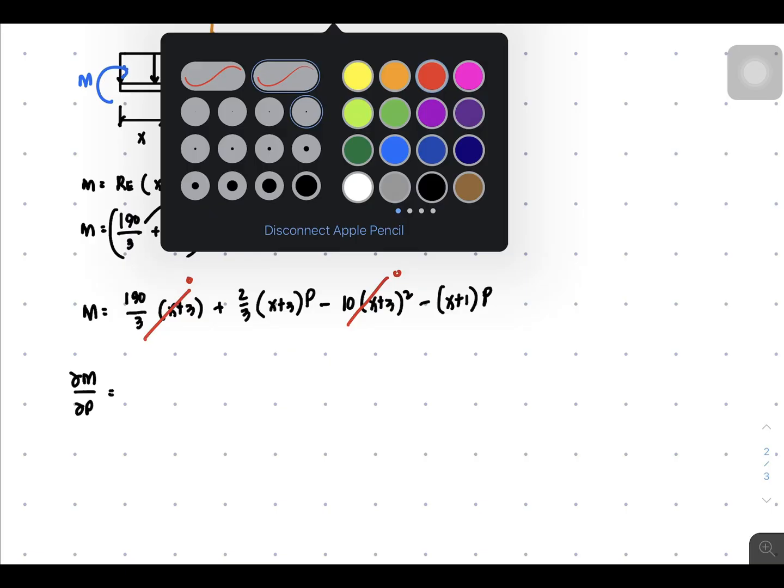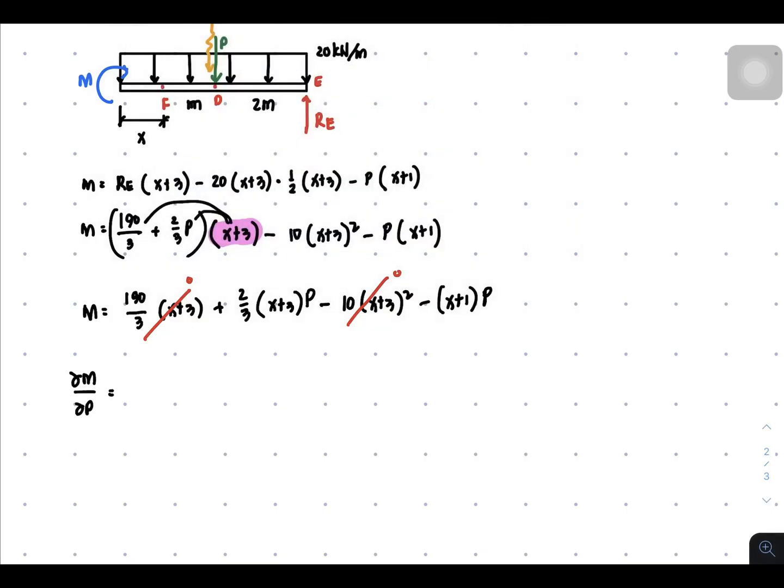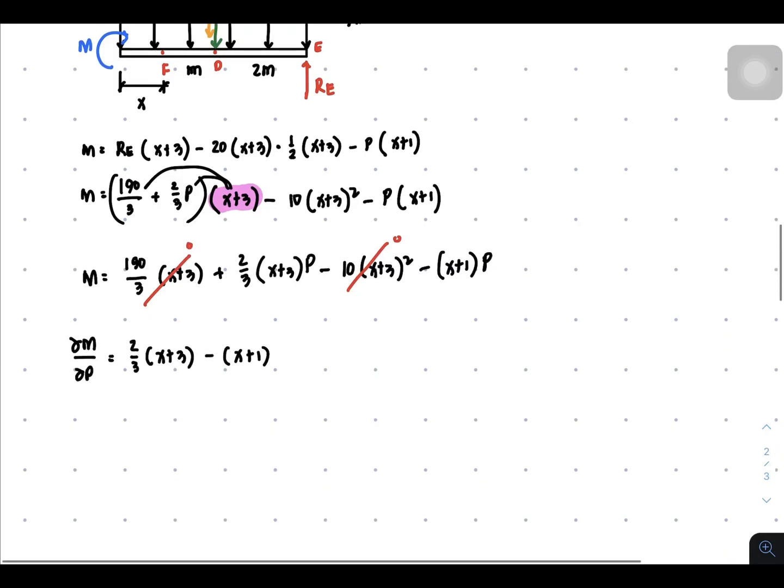So what remains, the partial derivative here is 2/3 of x plus 3, so 2/3 of x plus 3 minus x plus 1. So there. We will just leave it undistributed since there is a big risk if you distribute it.